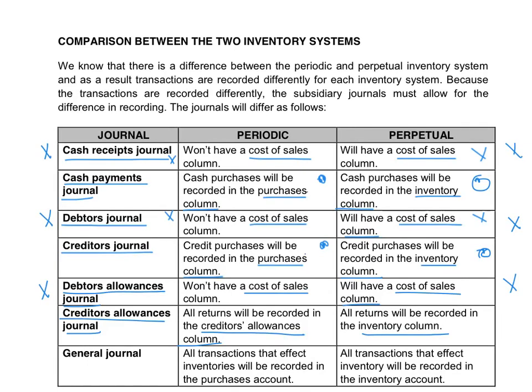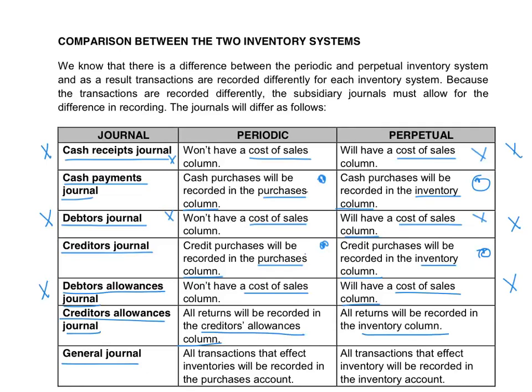If we look at the general journal, all transactions that affect inventories will be recorded in the purchases account. So if the entry does not fit into any of your previous journals, you have to record it in the general journal. If the owner takes goods for their own use, it will be drawings and purchases.